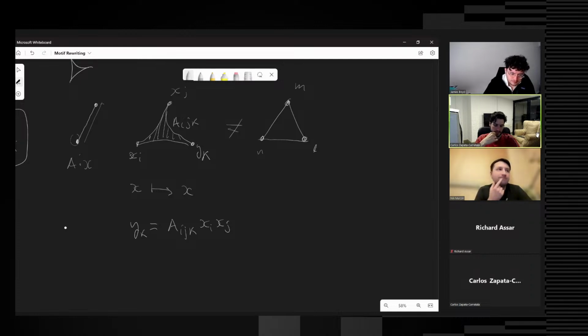But yeah, I think this is one of the standard ways in which people do spectral theory of these higher tensors, right? This multilinear approach.